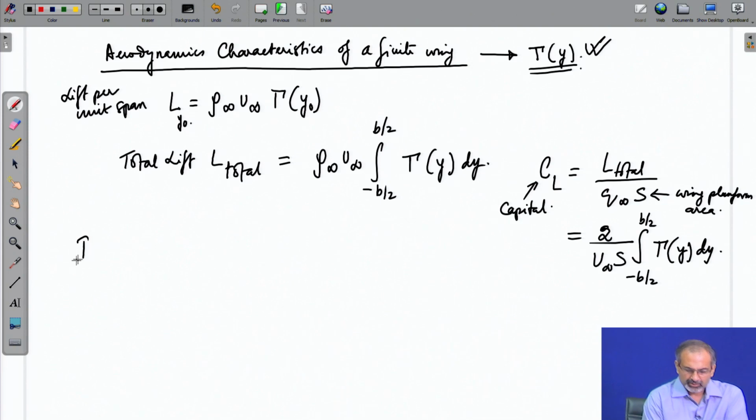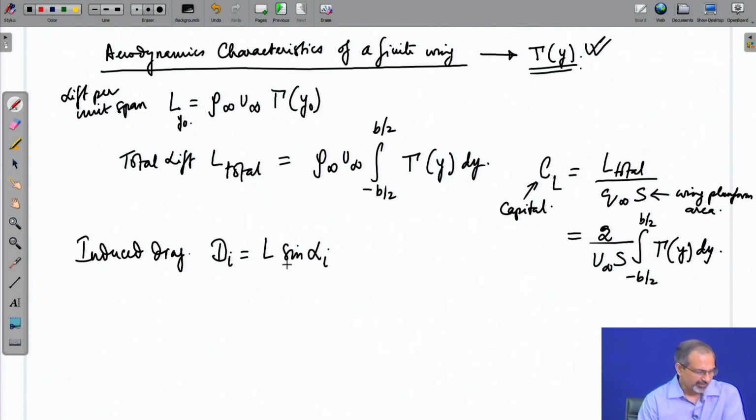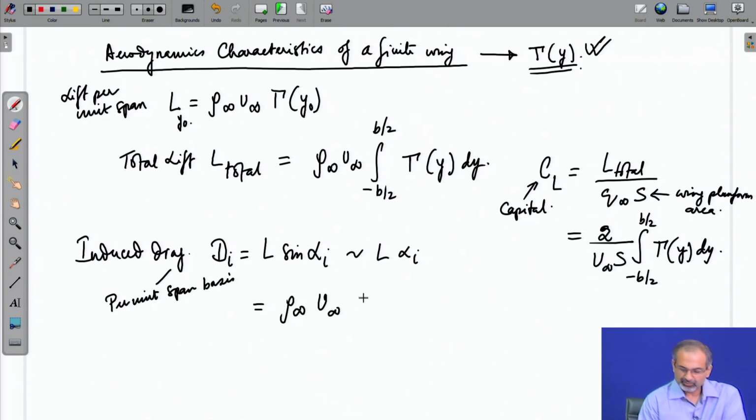Can you estimate the induced drag? Let us see. So, induced drag is given by L sin alpha I. For small alpha, obviously this can be approximately L alpha I, and we are talking about it on a per unit span basis. So, that can be written as rho infinity u infinity gamma y naught alpha I y naught.